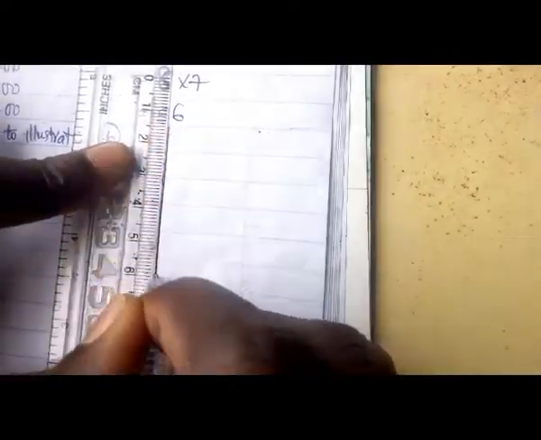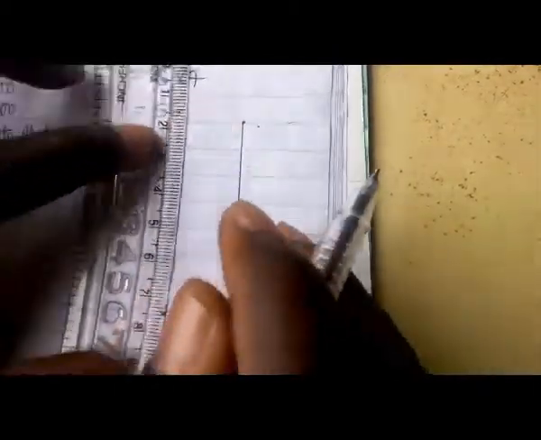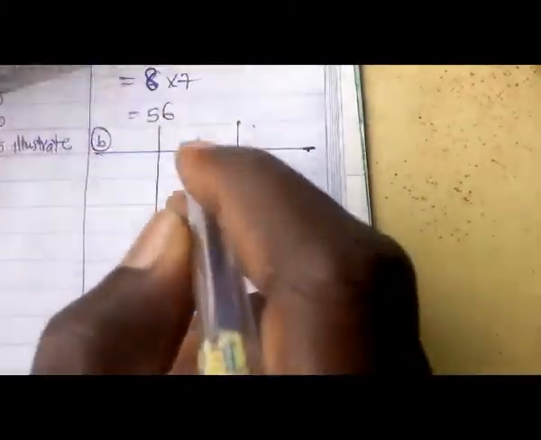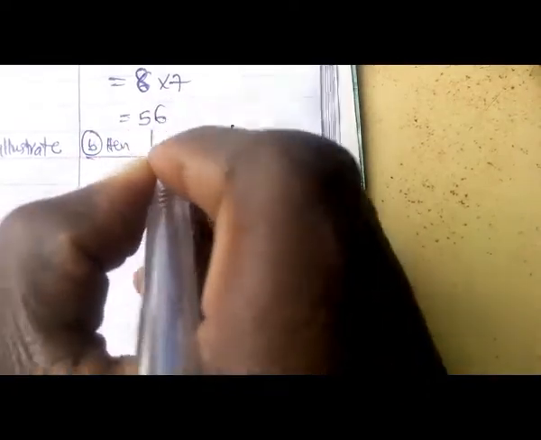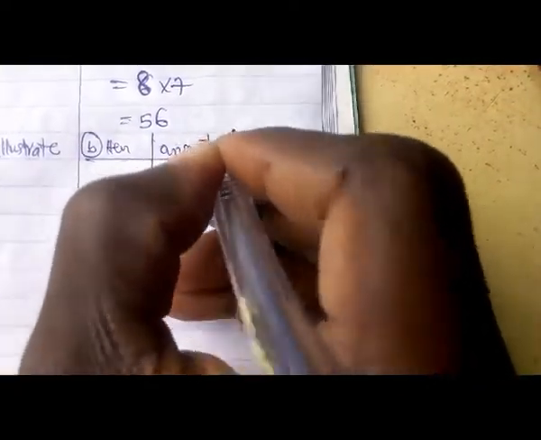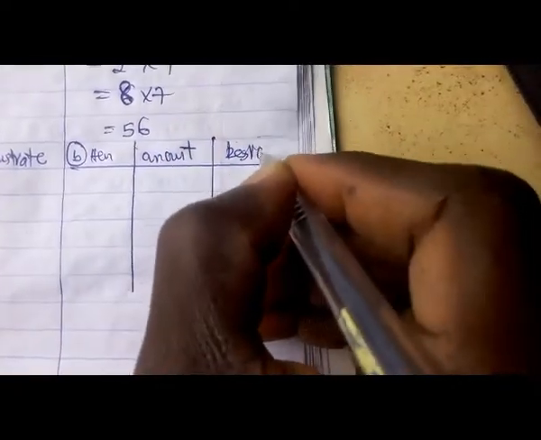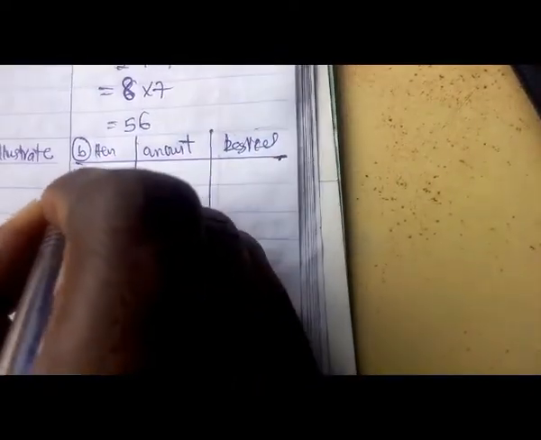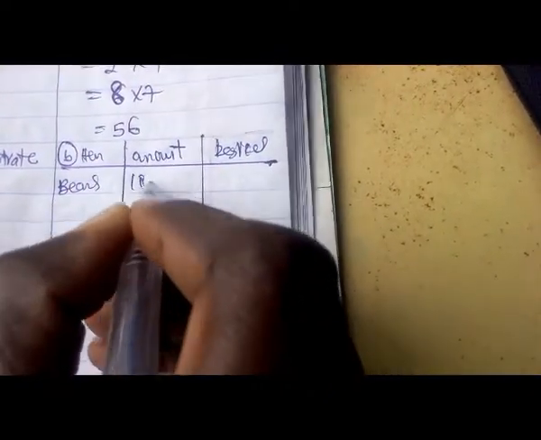So then I'm going to draw. So let's illustrate what I'm saying. The items, the amount, and the degree. The first one is beans, 1,800.